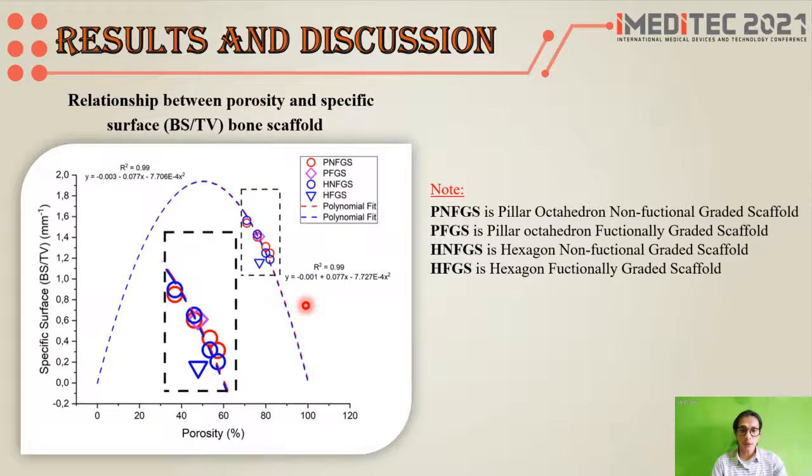This picture shows the relationship between porosity and specific surface area of the bone scaffold. Actually, porosity is a nonlinear function of specific surface area. With increasing porosity, the specific surface area will increase to a maximum point, and after that, it will decrease again.